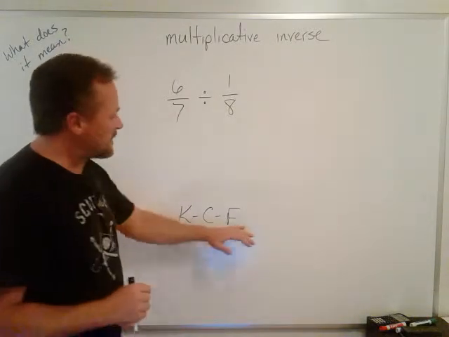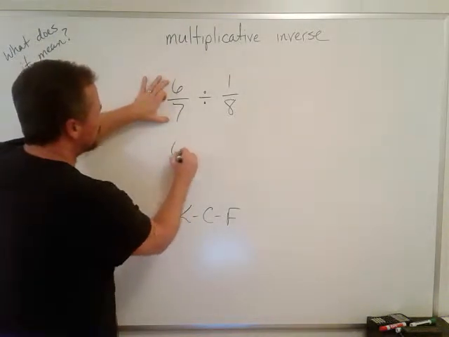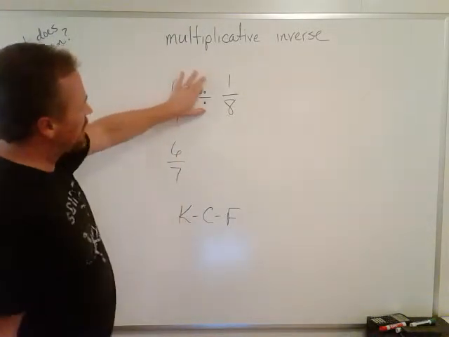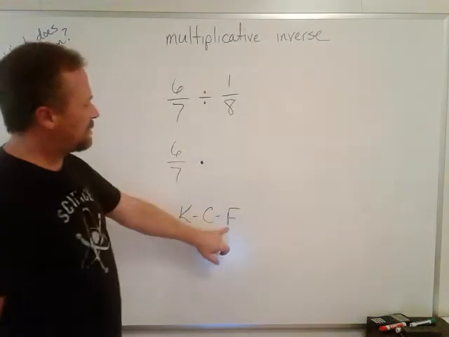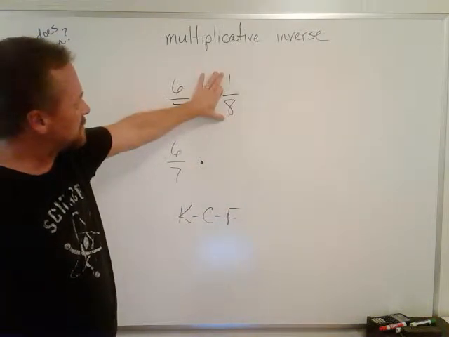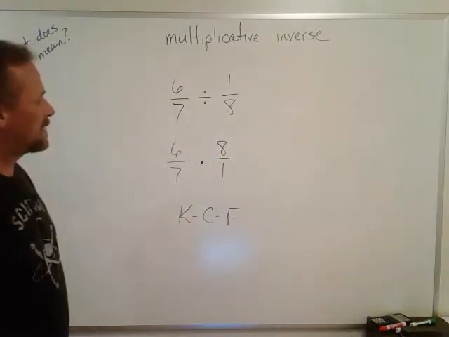So I'm going to use the KCF, keep this fraction, change this operation, and then flip this last fraction. Okay?